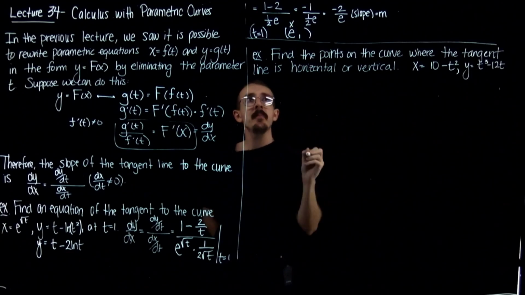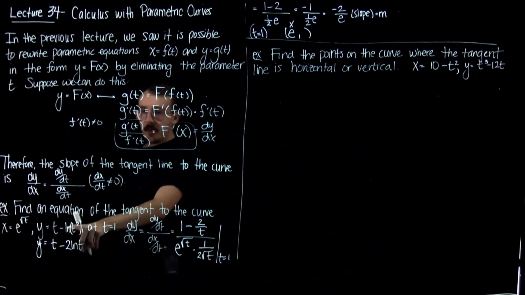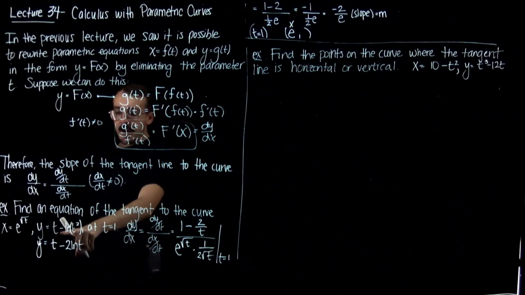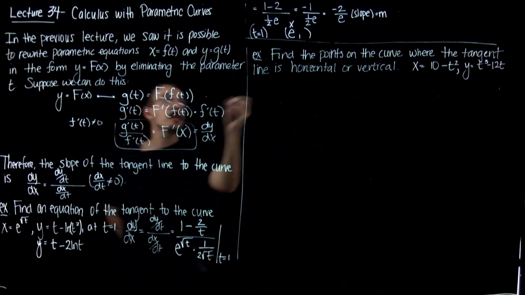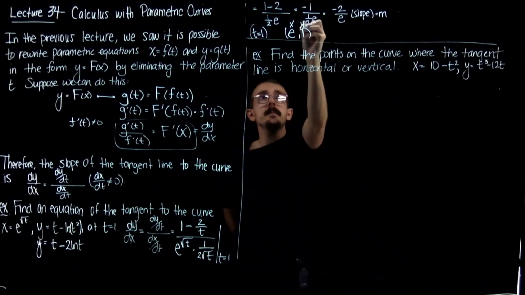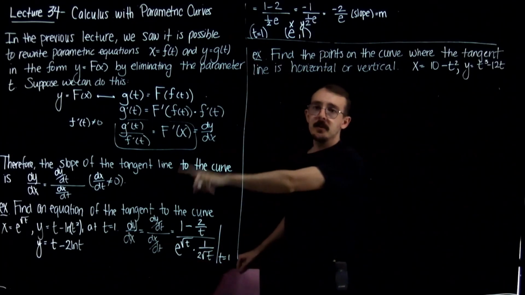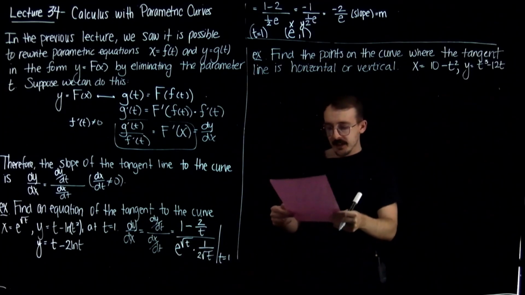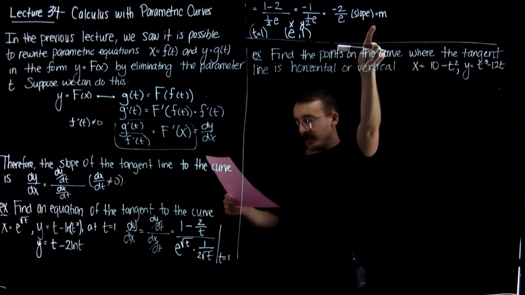That's my x coordinate. And if you plug in 1 for y, I get 1 minus ln of 1, which is 0. So 1 minus 0 is 1. Again, I just plugged t into the original equations for that. So that's my point.